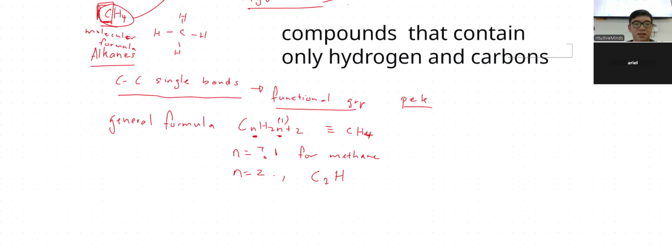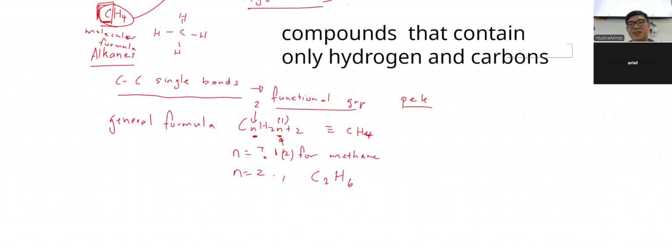The n here you sub 2. This n also is sub 2. So 2, and then 2 times 2 plus 2, C2H6. That is the second member of the family.